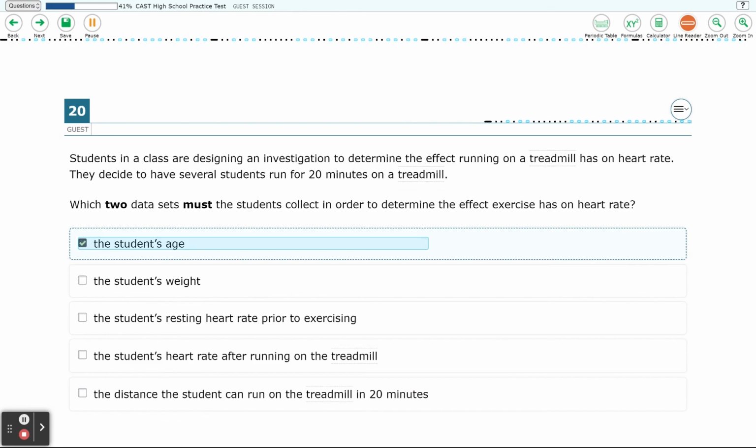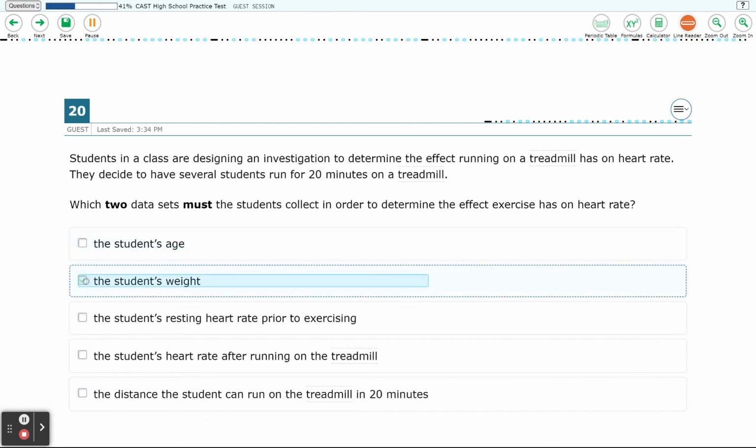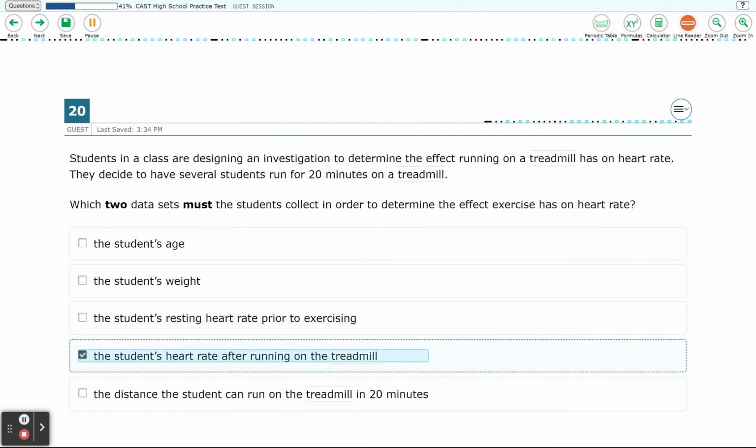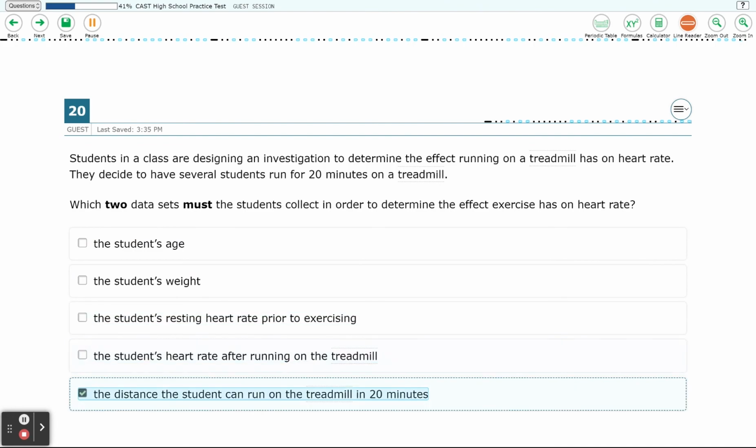Your choices: the student's age, the student's weight, the student's resting heart rate prior to exercising, the student's heart rate after running on the treadmill, the distance the student can run on the treadmill in 20 minutes. Select your answer or answers now.